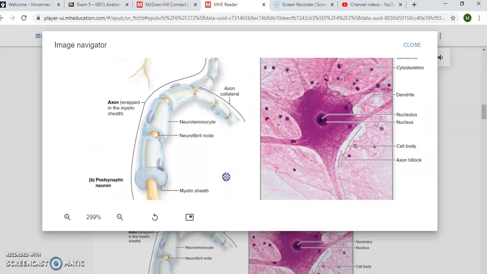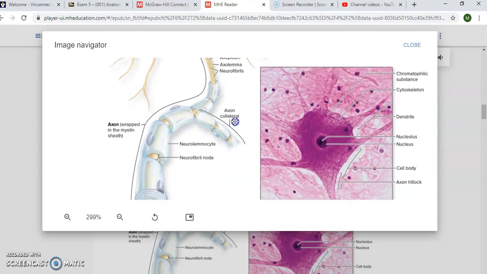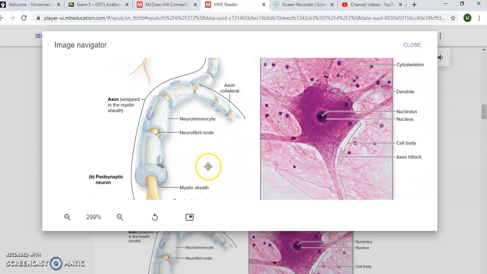And then the other two structures that you learn in lab and you'll need to know are the myelin sheath. So this is one of the myelin sheaths. There's another one there too. And then the little gap between the myelin sheaths is the node of Ranvier, or if you want to call it neurofibril node, it has two names.